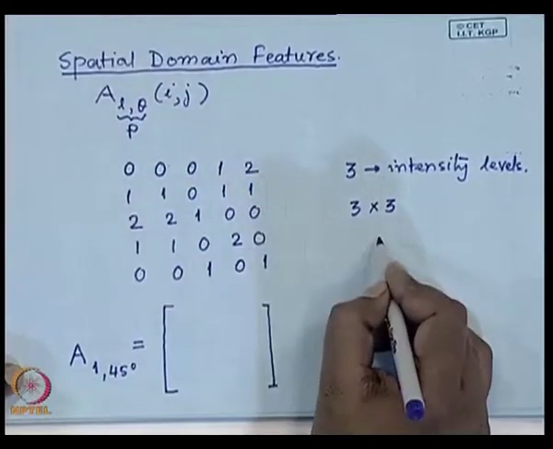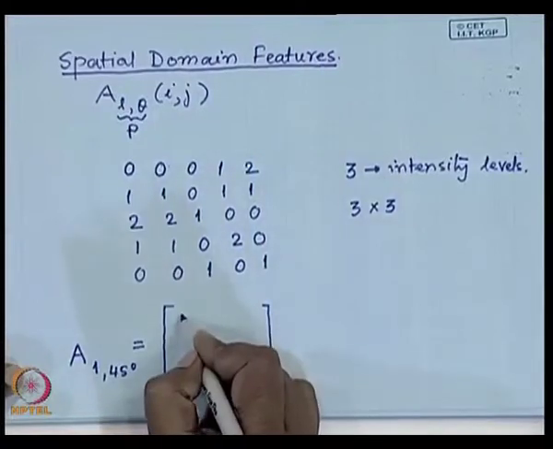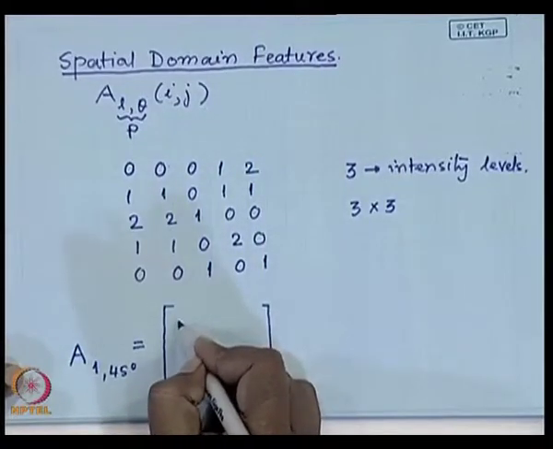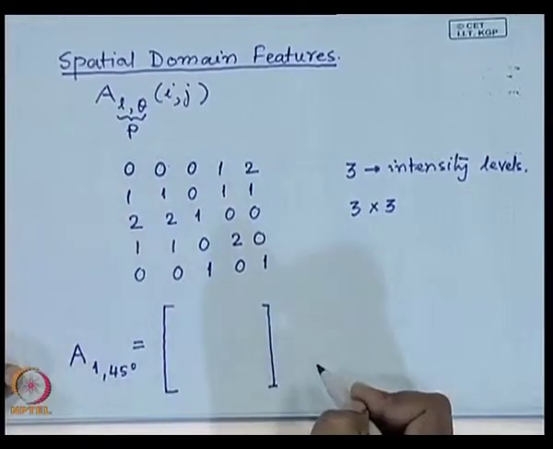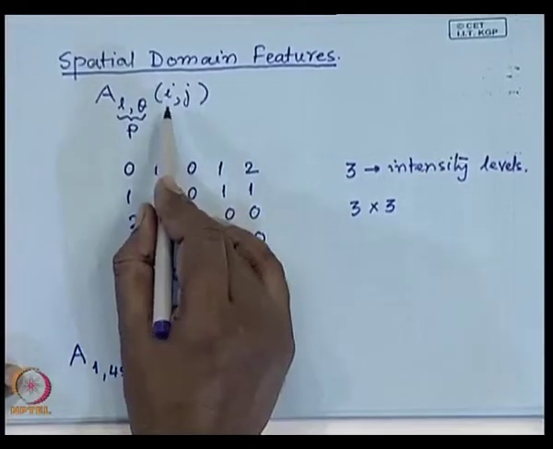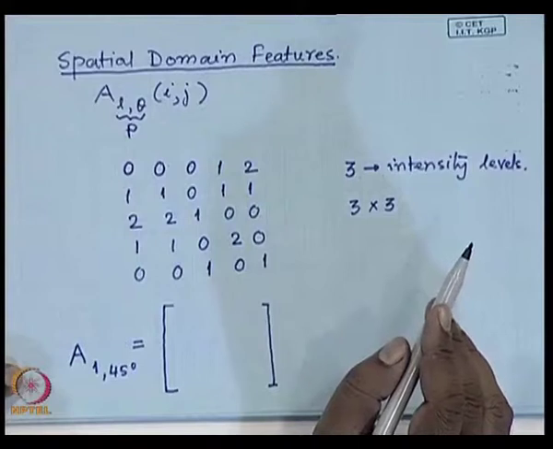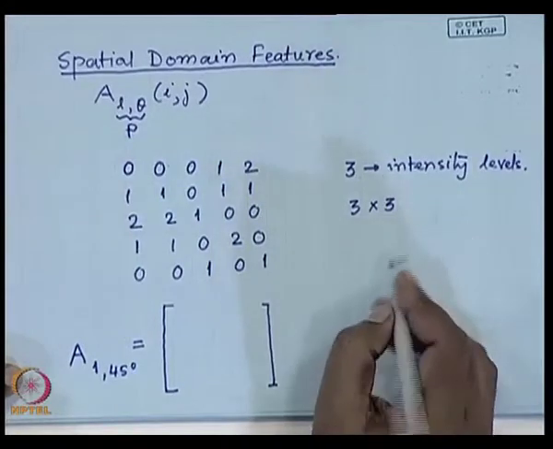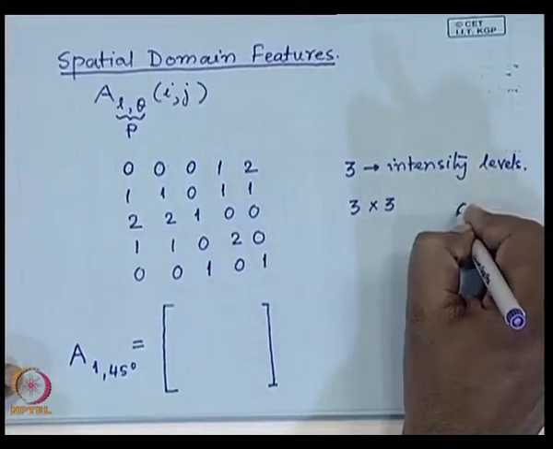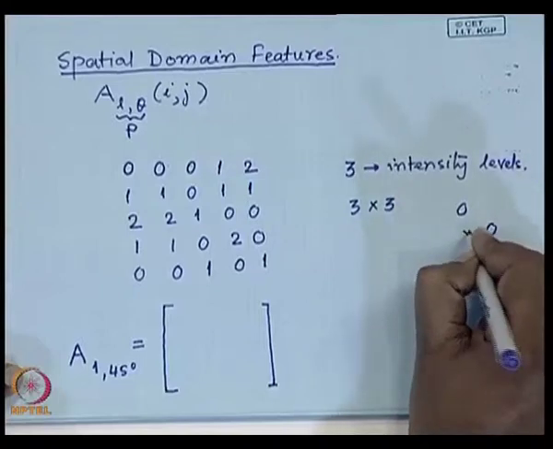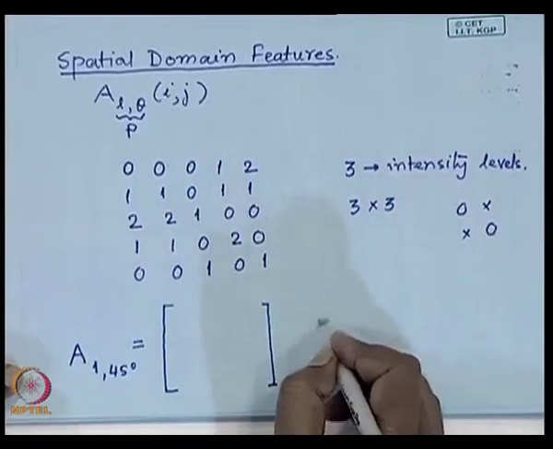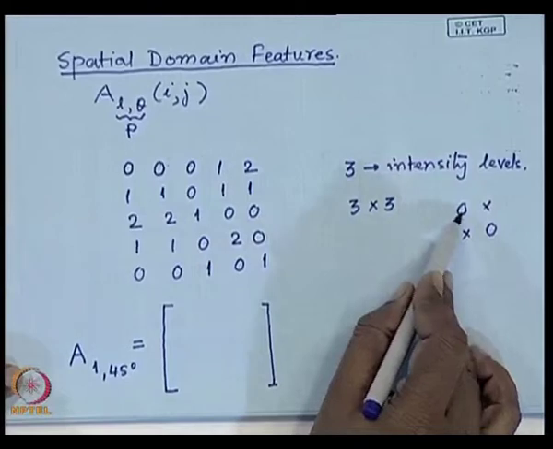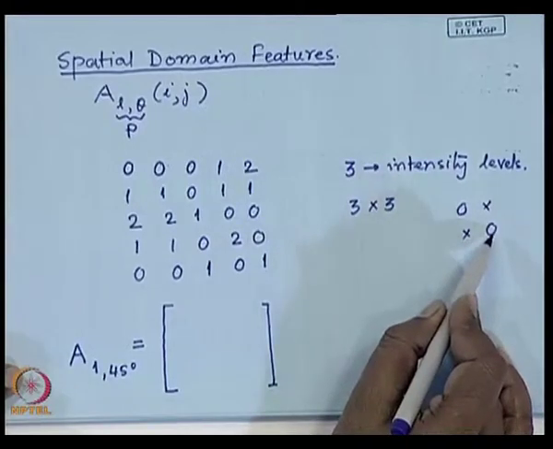So, the matrix A will also be of dimension 3 by 3. Now, to compute the 0th element A L theta 0 0, both i and j are 0. So, I have to find out the 0 0 pair occurring like this at a distance of 1 and inclined by an angle of 45 degree.